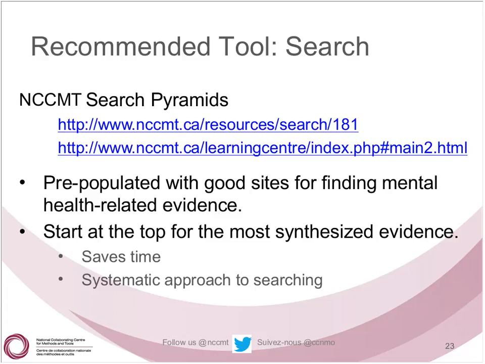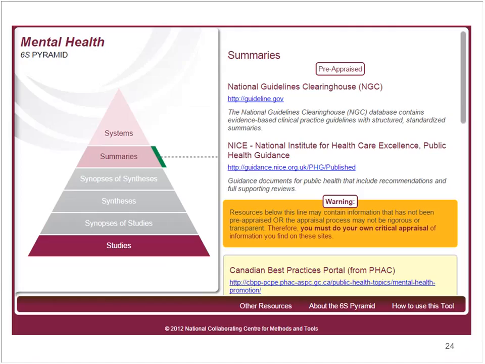And you remember from our vision and mission is that we are interested in efficiency here. We're interested in finding the evidence so that we can apply it. So it's important to be efficient in that search so that we can get on with the applying, but still be doing a good job in our searching. So synthesized evidence allows us to be systematic as opposed to just finding some random thing and saying, okay, good enough. So let me show you what I mean with the pyramid.